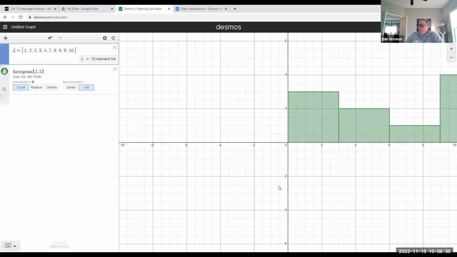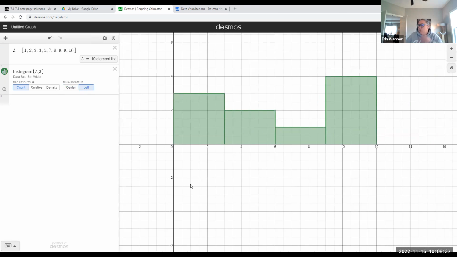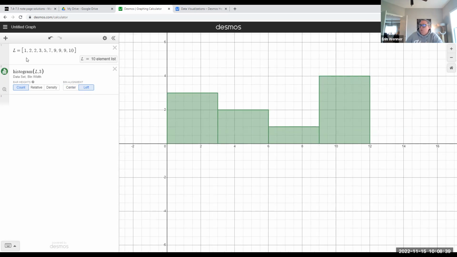So you can see here, if I pull this over, I did a bin of 3, so that means it's going to group all of these numbers from 1 to 3 together. And if we count, there are 3 numbers within here, right?